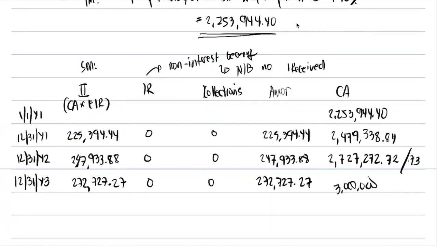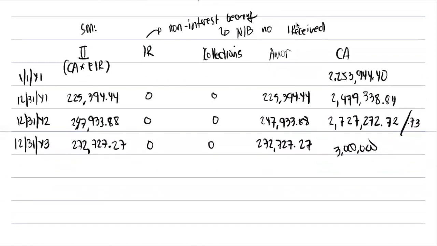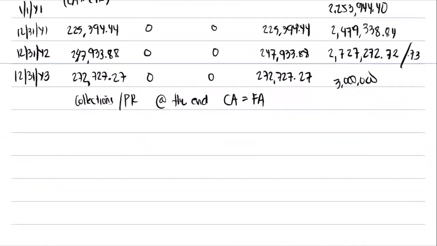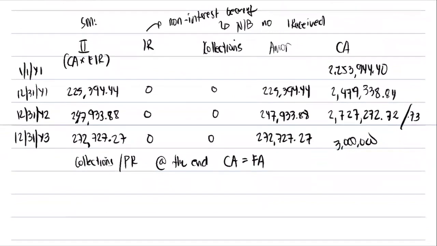So again, why? If there are no collections or principal repayment, at the end, what did we say? Carrying amount is equal to the face amount. Okay. So that's it for the subsequent measurement, or preparation of the amortization table, for a non-interest bearing long-term note.